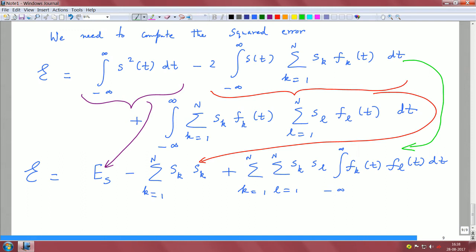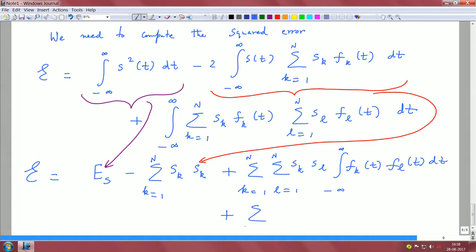I think I would just want to skip this arrow here because I did not write this term. Now you can simplify this, because this will vanish if they are orthonormal, right. Therefore the integral exists when k equals l, else it vanishes for k not equal to l.